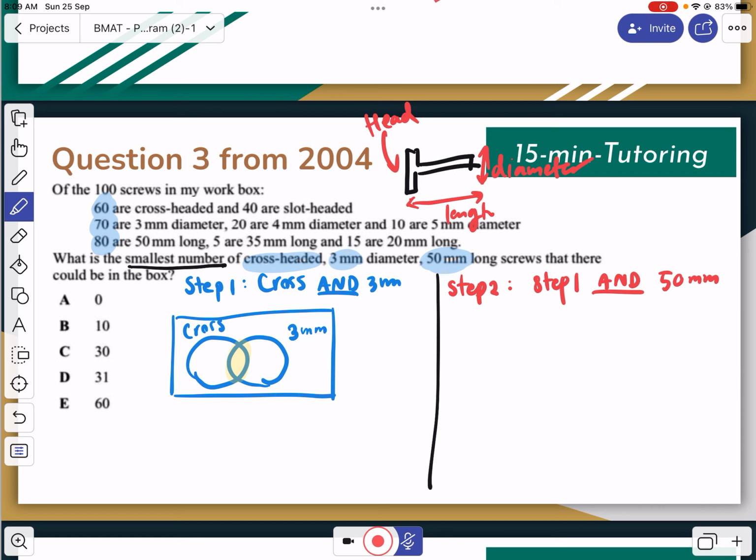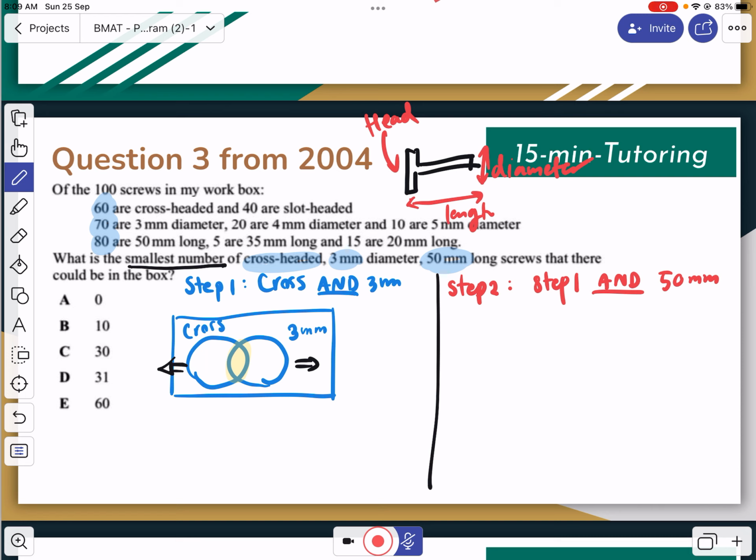In this case, we want to minimize the overlapping area because the question asks for the smallest number. And to minimize the area, again, we want the circles to be pulled apart.